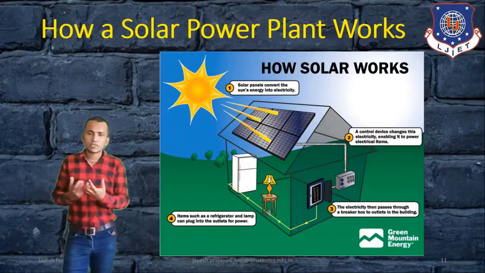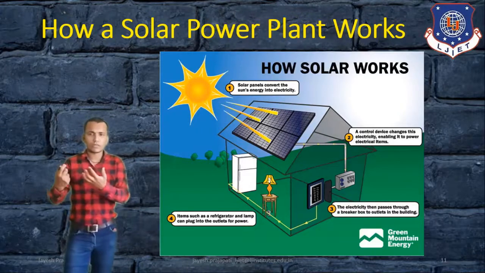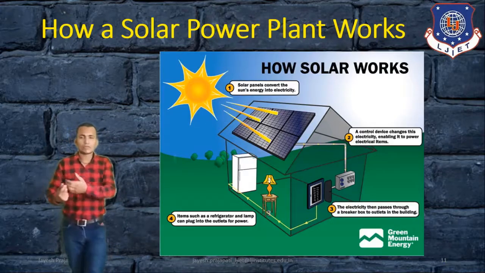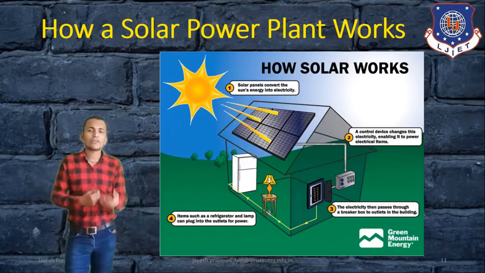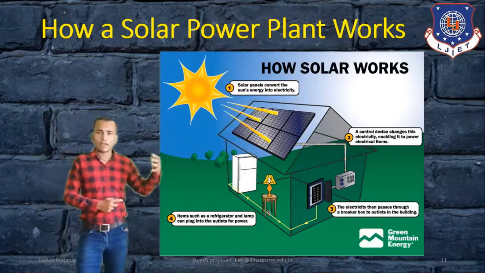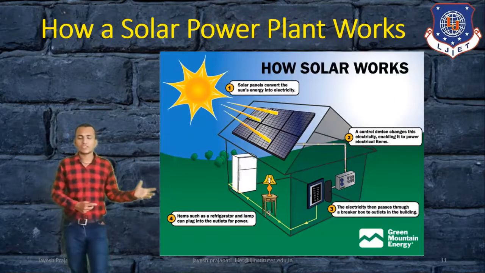Then it collects these solar rays from the sun's energy through the photovoltaic cell. Then it generates energy in DC form, which can be stored in battery storage as DC.